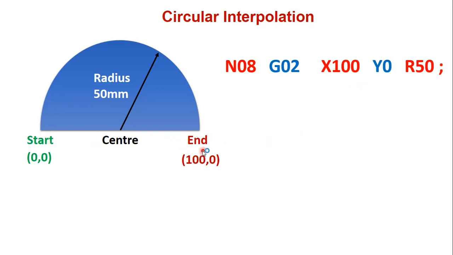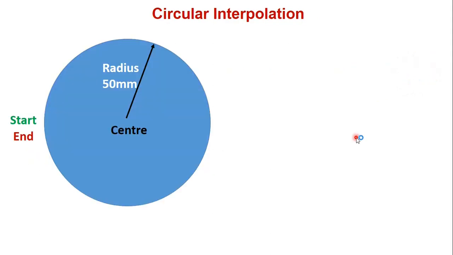In the X direction 100, in the Y direction nothing, 0. So X100 Y0, and then we have to give the radius. What is the radius in this case? 50 millimeters. So that is given. This is how we have to use circular interpolation using radius.